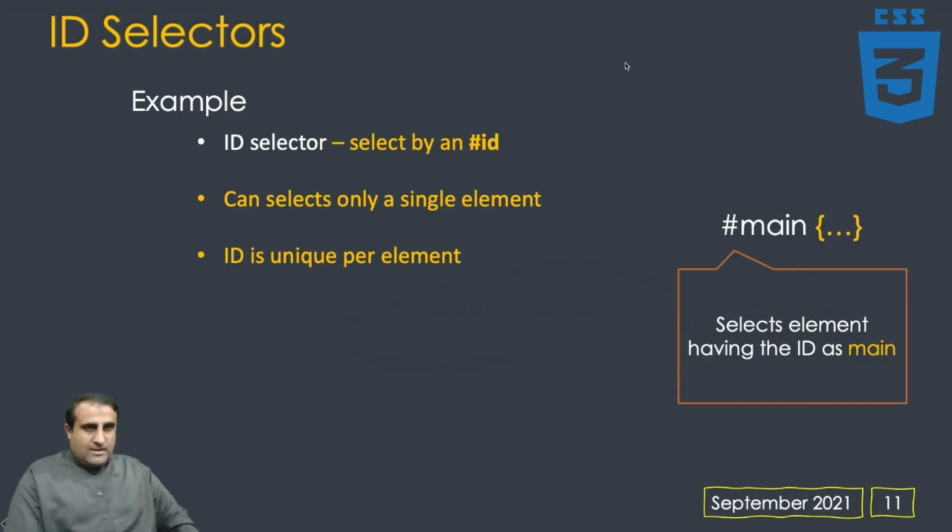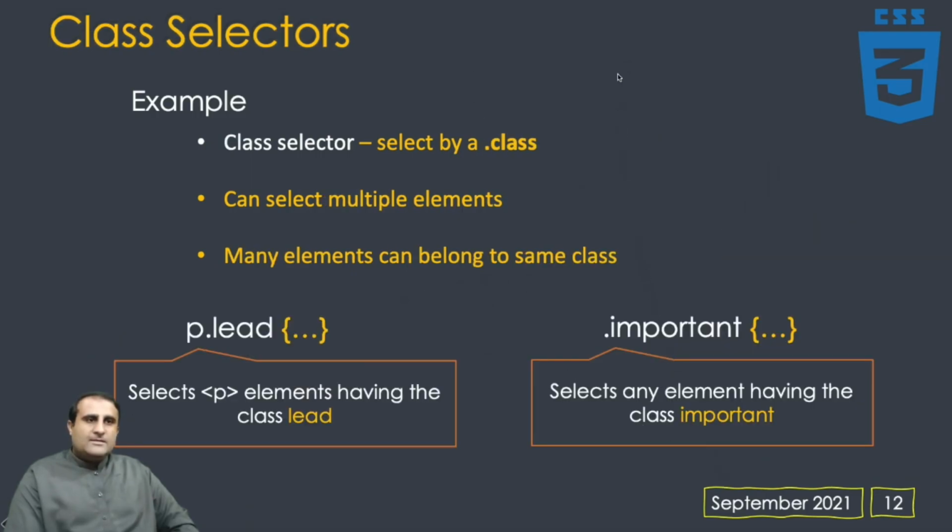Next, we can see the class selector. Basically, a class is a group of elements, or a category, where multiple elements can belong to the same class. Multiple elements can have the same class name. Here we have p, then dot, and then lead.